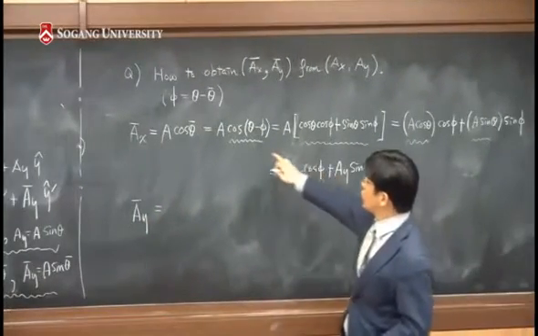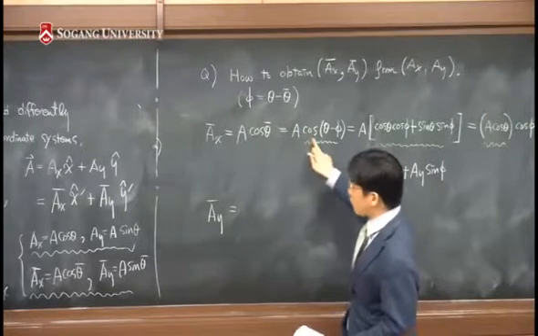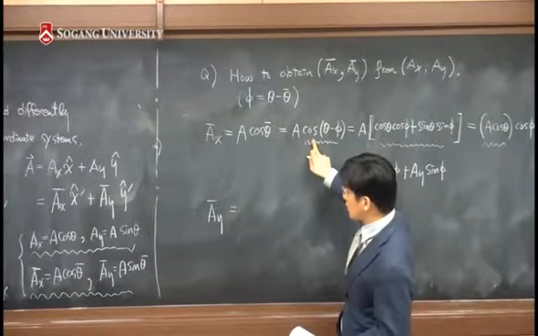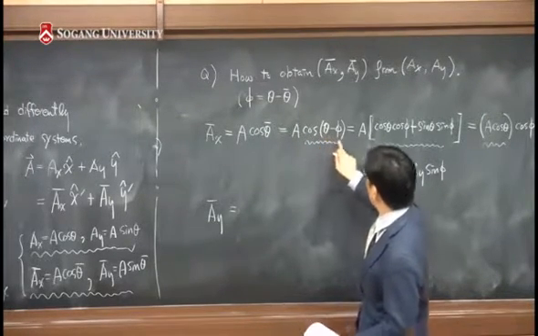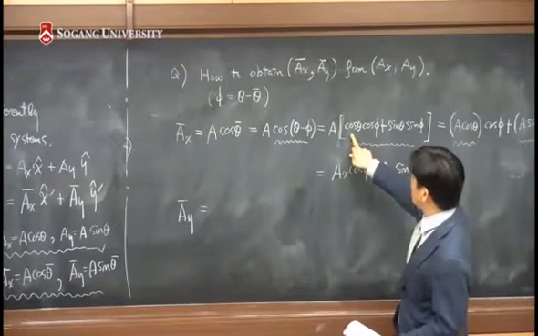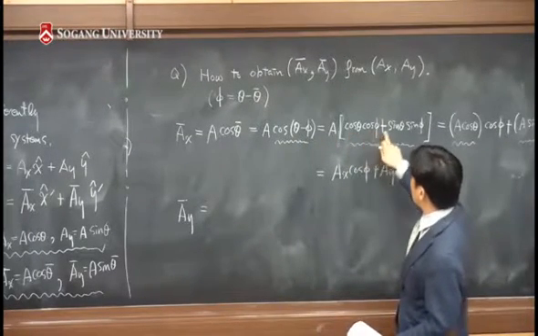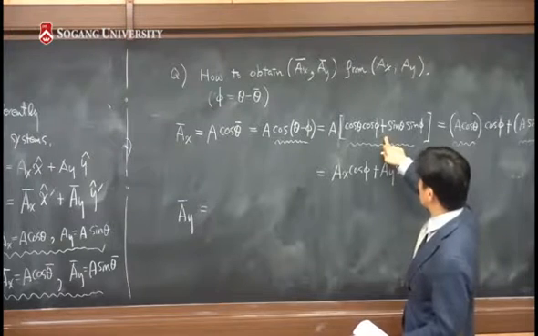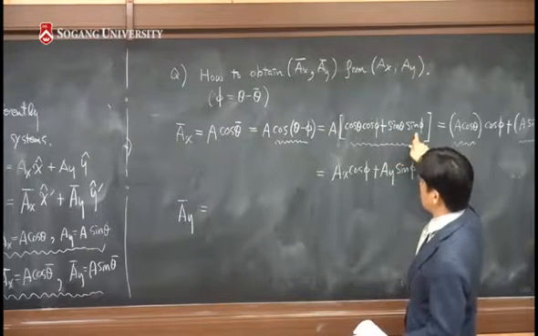Now you have changed cosine into sine, right? Cosine into sine, but in that case it will be cosine and sine, minus sine and cosine, okay?